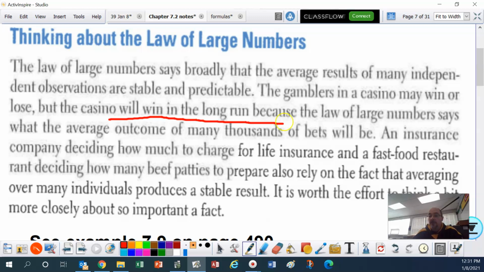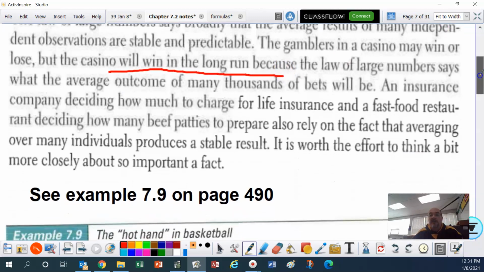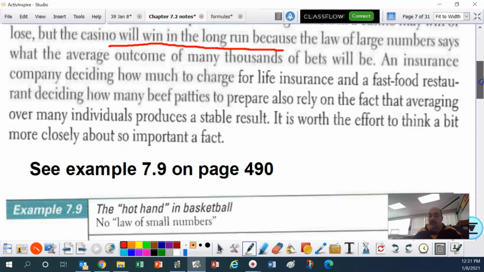An insurance company deciding how much to charge for life insurance, and a fast food restaurant deciding how many beef patties to prepare, also rely on the fact that averaging over many individuals produces a stable result. It is worth the effort to think more closely about so important a fact.